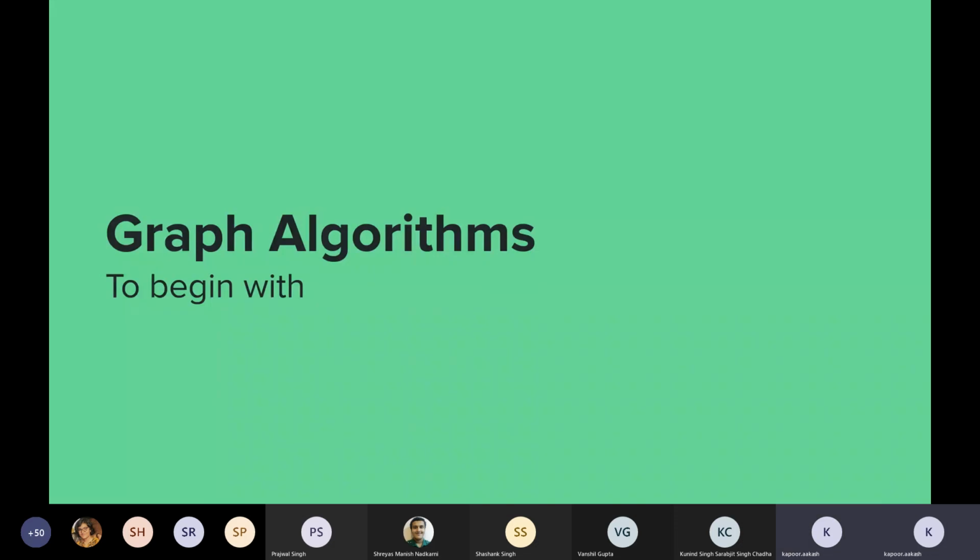So now's the time to discuss the algorithms that are commonly done on graphs. These are the most important algorithms that you'll come across, because your interviewers will also ask them. A lot of problems can be boiled down to these graph algorithms. So you need to be very clear on those.